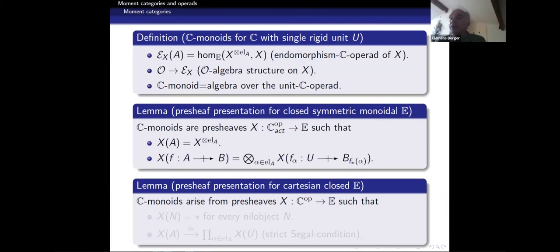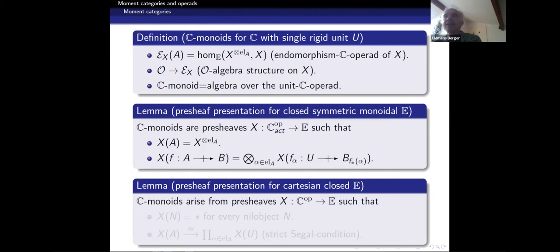I don't think so. It's exactly like for operatic categories, you have to cheat. You can represent them as monoids for a certain category, but not as operads for a genuine moment category. To be honest, there is no moment category such that operads for this moment category are modular operads.